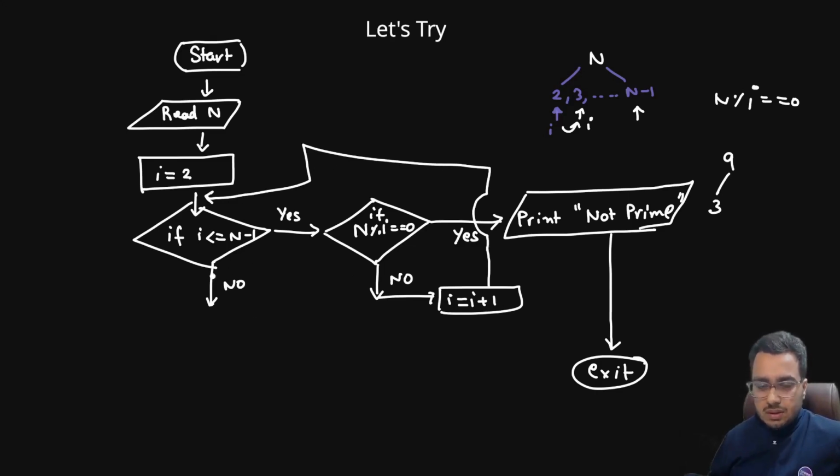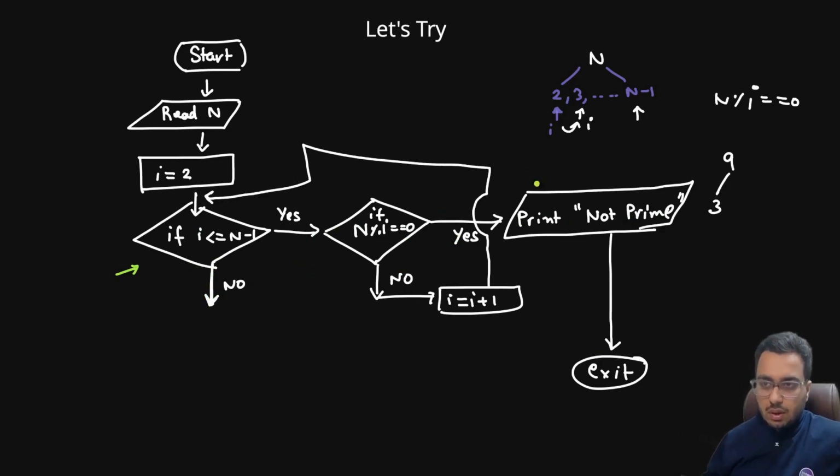Okay, now finally if you come out of this no direction, in what scenario will you come out of here? The only scenario in which you will come out of this block is via this arrow, when you do not exit the loop through the inside direction.